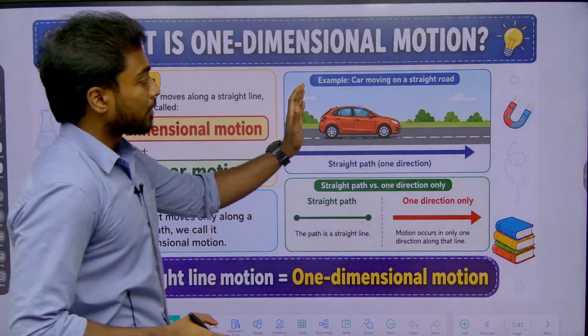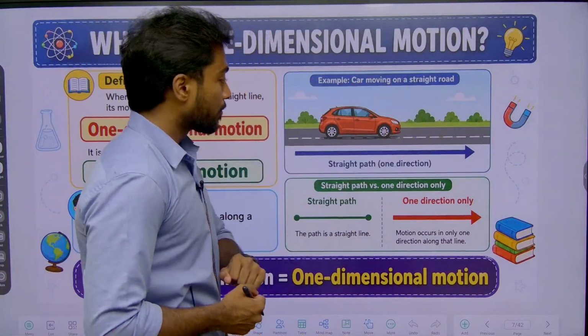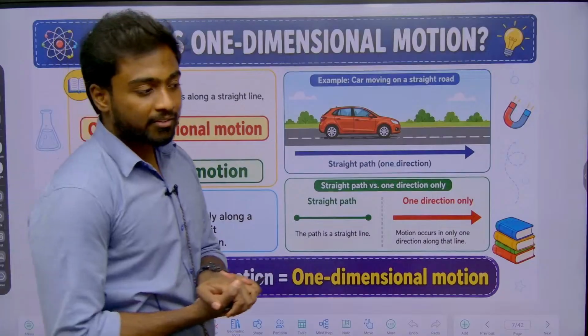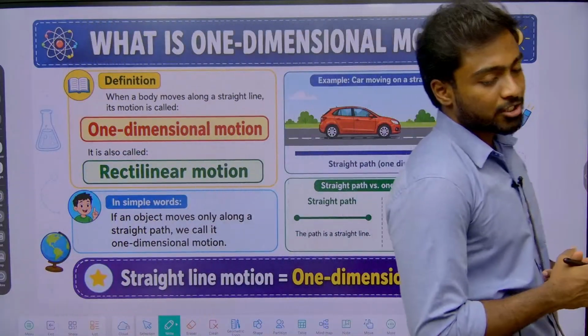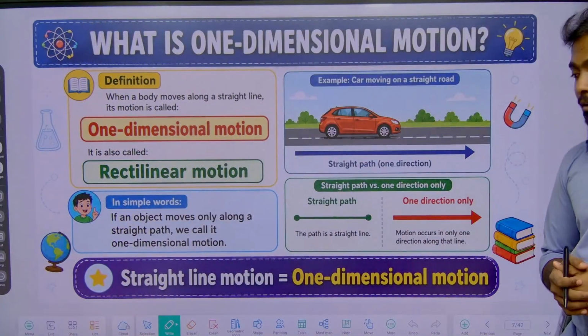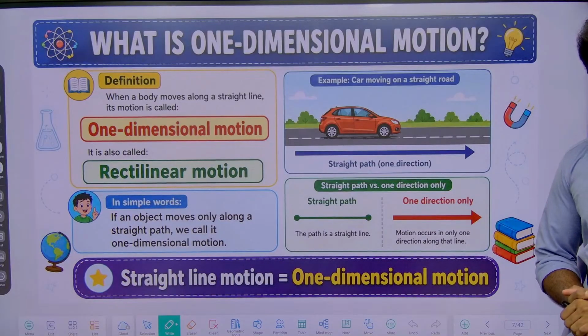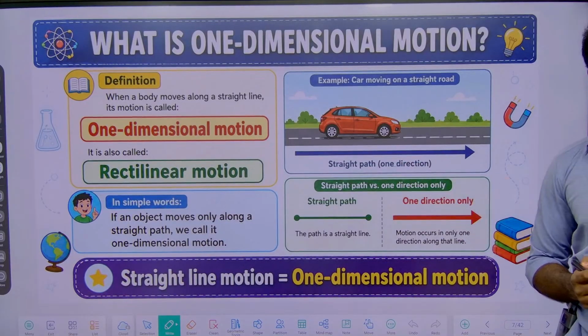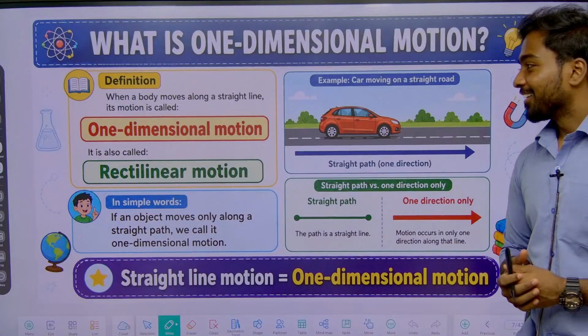A car is moving on a straight road. Then what are other examples? Any examples, Dinesh? Yes, good. A person walking in a straight path. Correct.